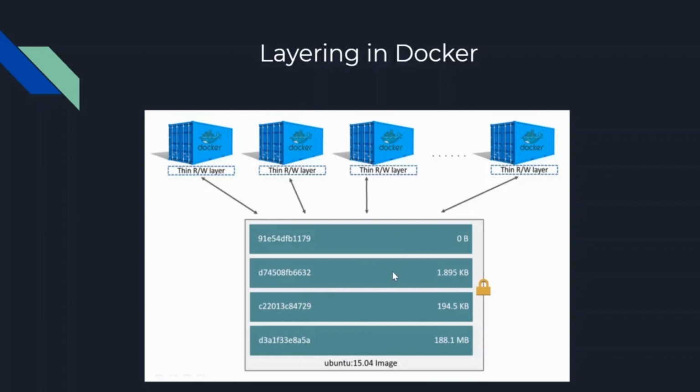So please keep in mind that an image is read only, and you can spin up as many containers as you want using that image. And basically when you create a container, what happens is that you put a read and write layer on top of your image, and you can access the data from the image temporarily here. But once you delete the container, everything is gone, and the only thing that is left is your image.